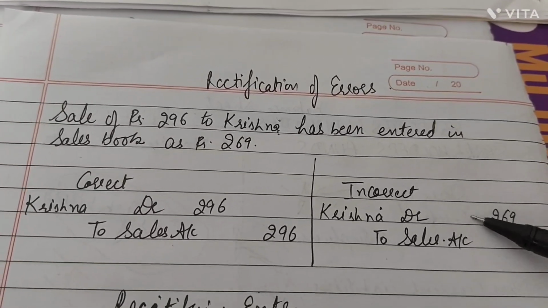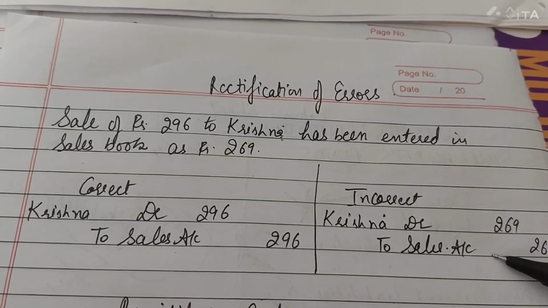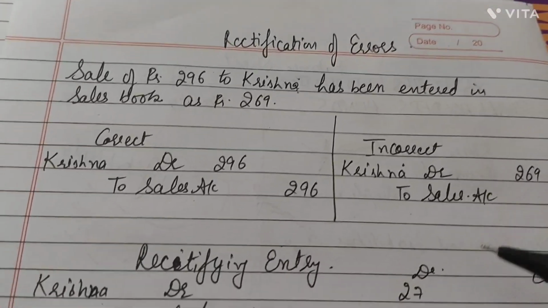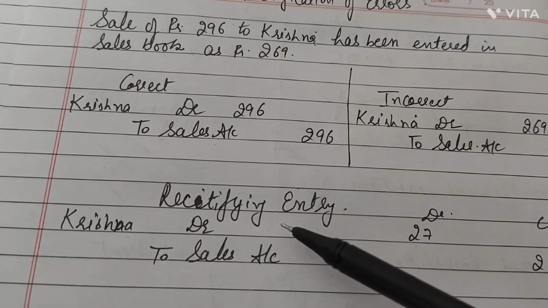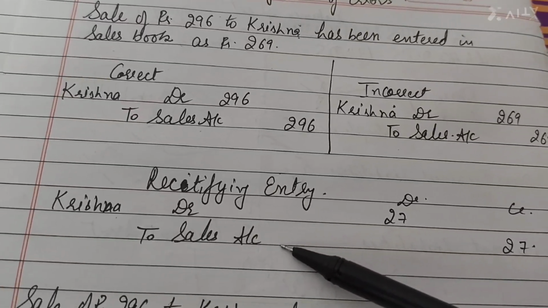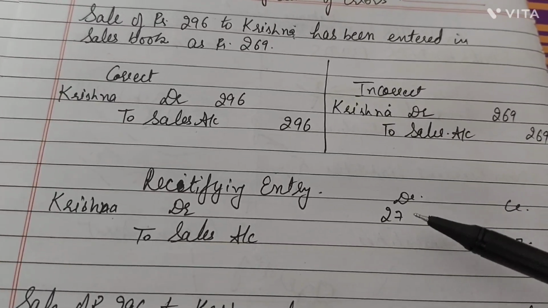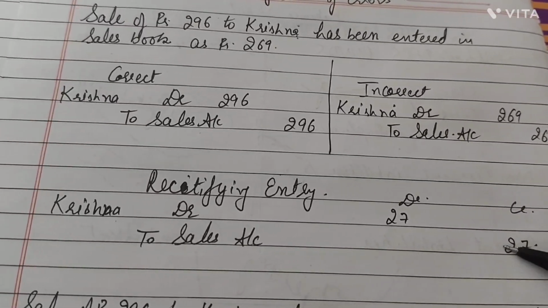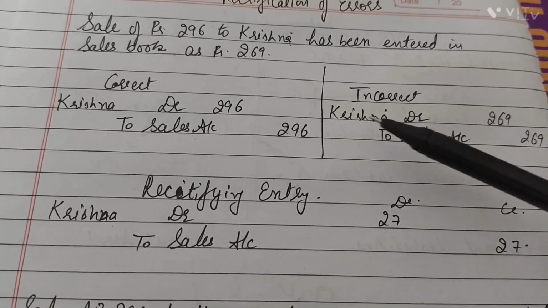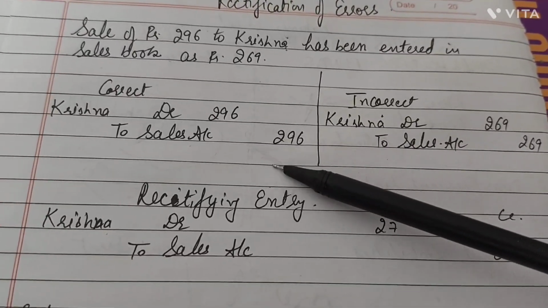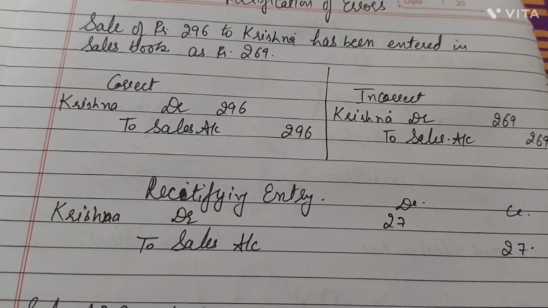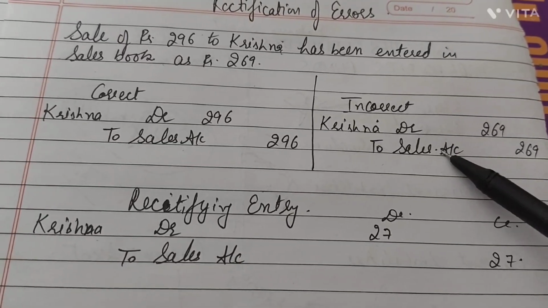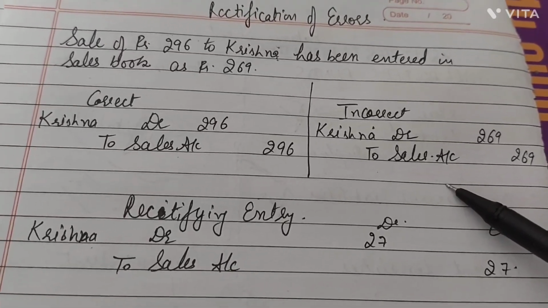Now Krishna was debited less, sales were credited less, so the rectifying entry would be Krishna debit to sales account with rupees 27 only. Actually, in the books of account the journal should have been this, but they passed this incorrect journal.